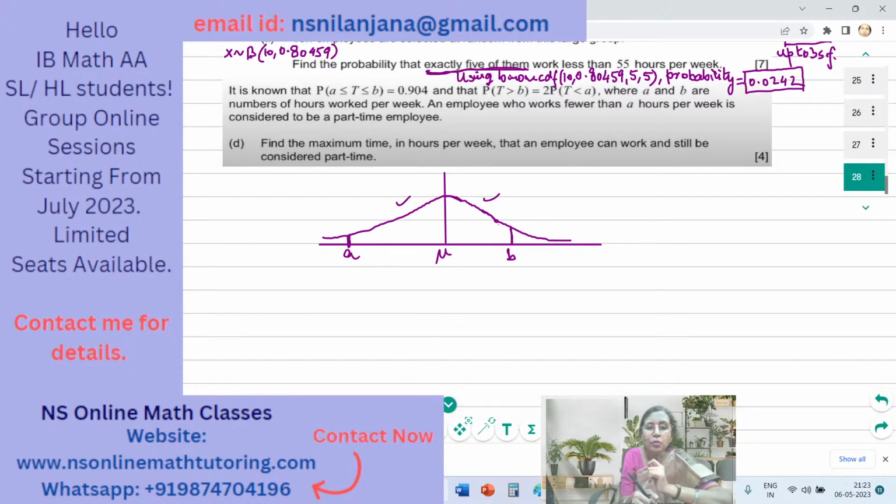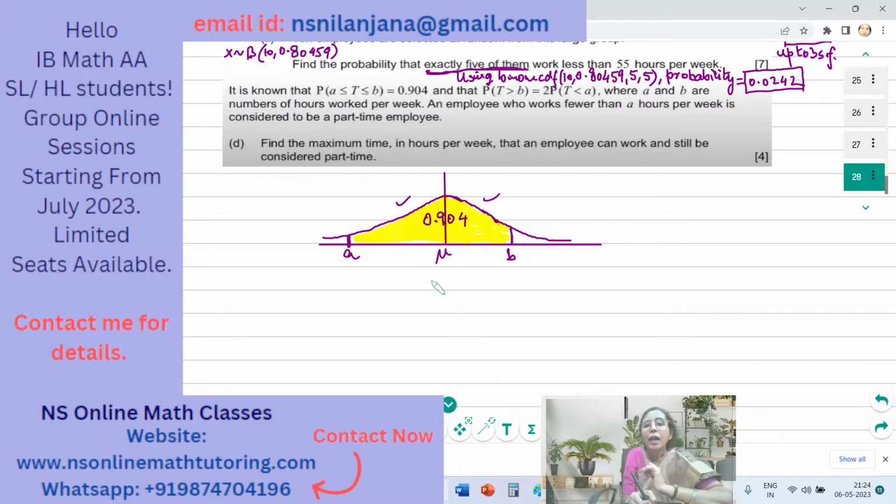And between these two you have this region, it is 0.904, the probability.